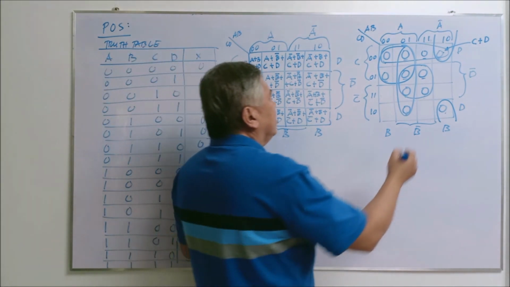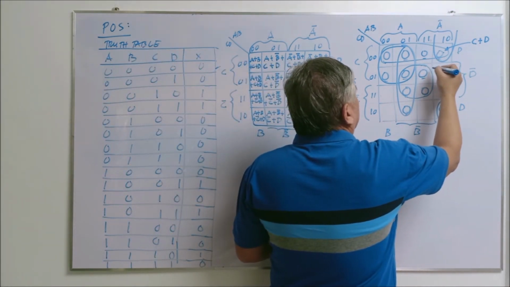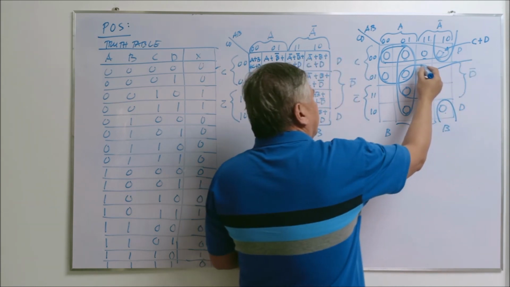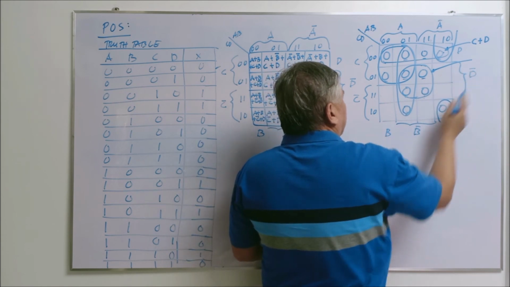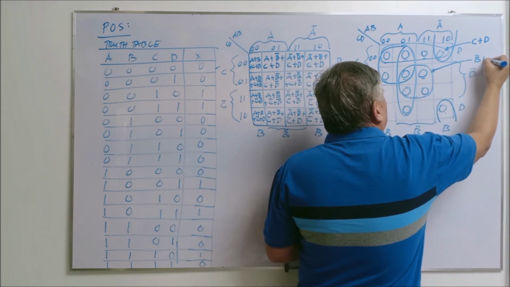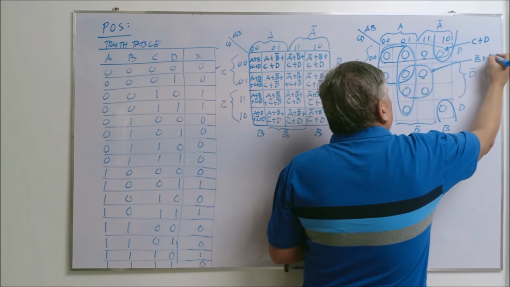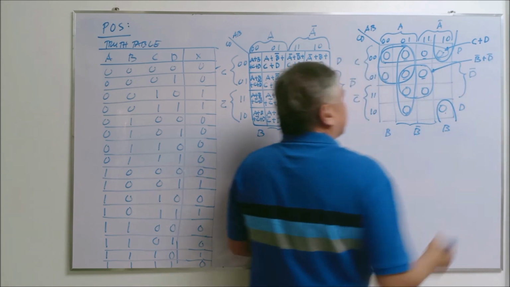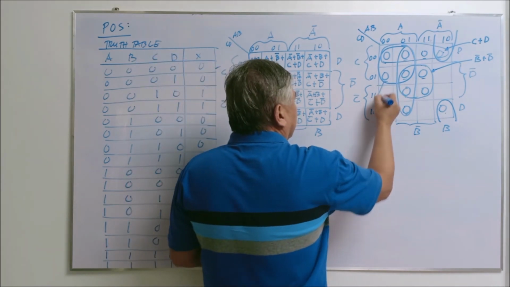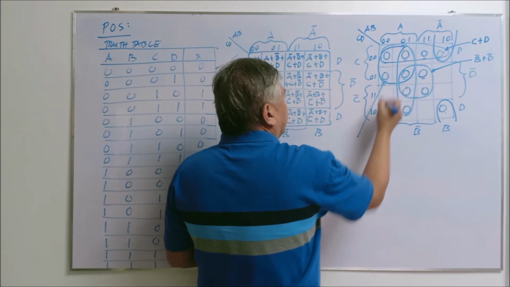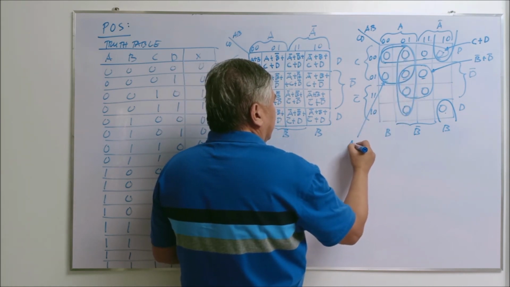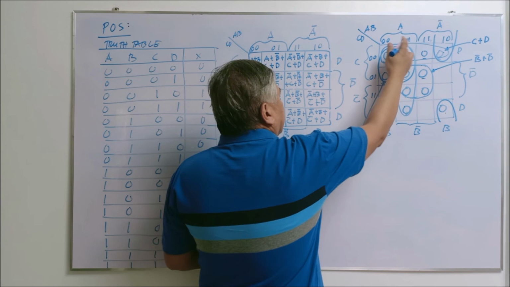Then this one here, the square, belongs to B bar plus D bar. And this one here belongs to A plus C.